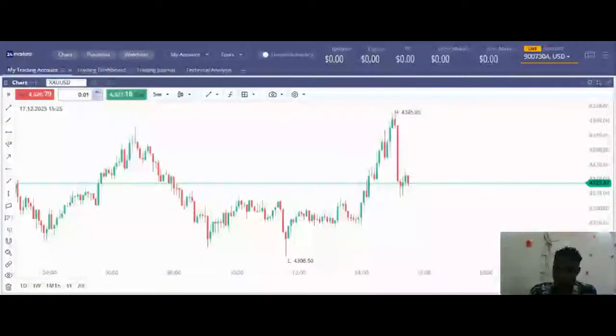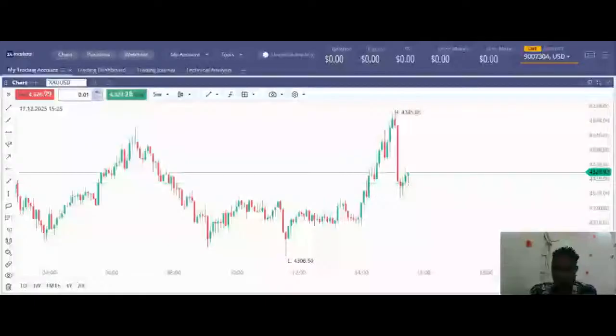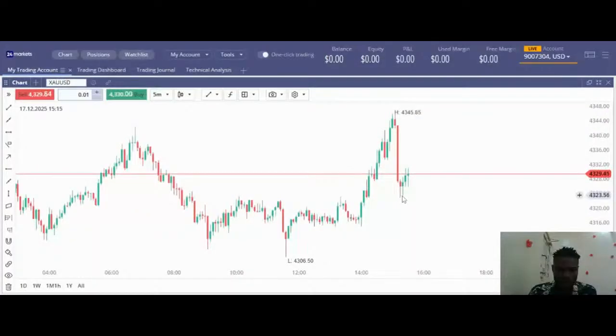You can see now, when this place is being taken out, I want the market to take this place out first.